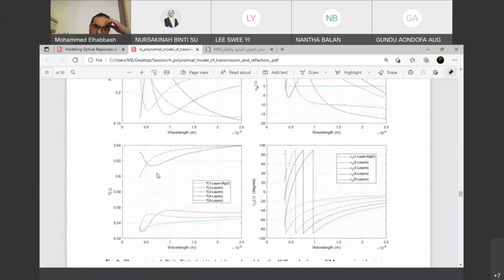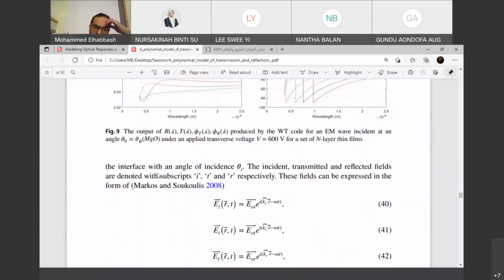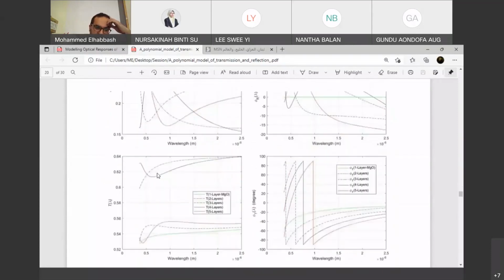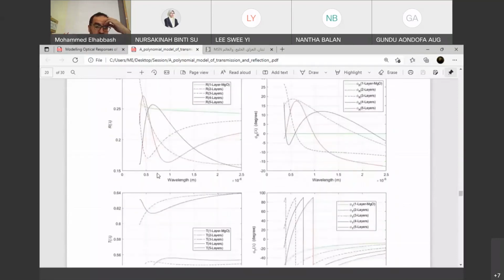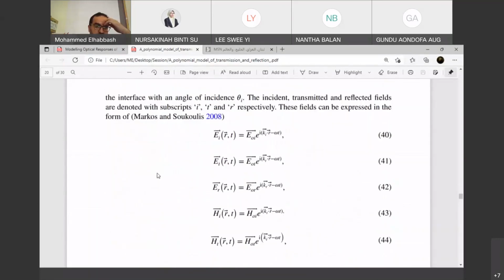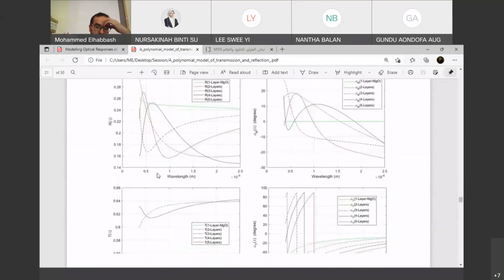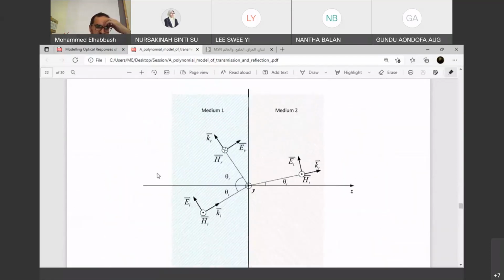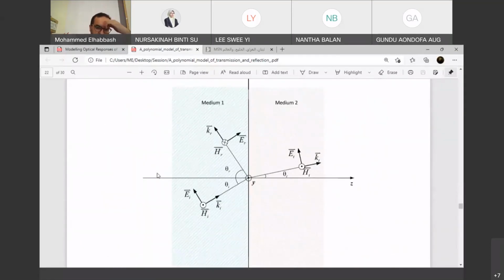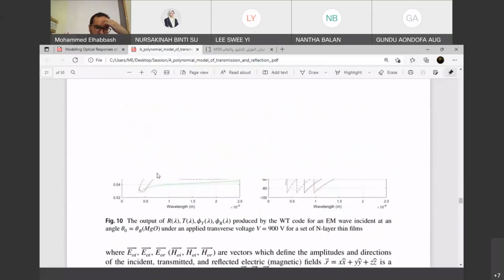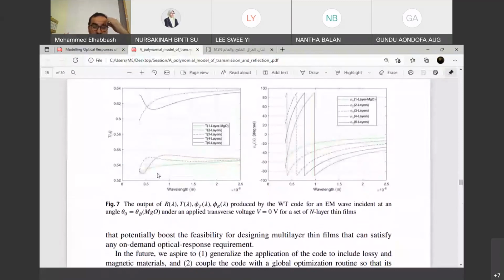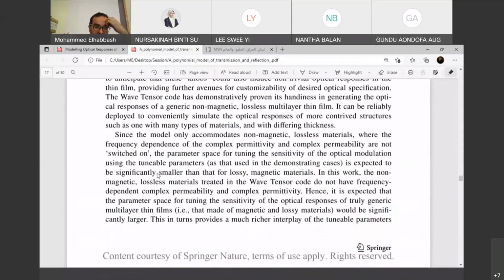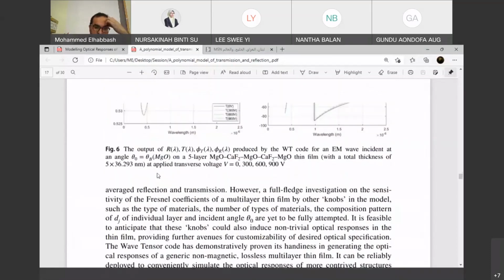And if you want to see the details, I will give you the link to this paper to read more. This is an appendix which we talked about before. This appendix is very useful for anyone who wants to use a polynomial approach and go deep into electromagnetics, because it is like a base for this paper.